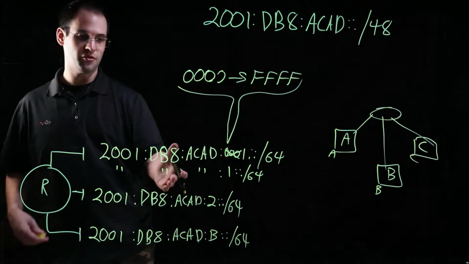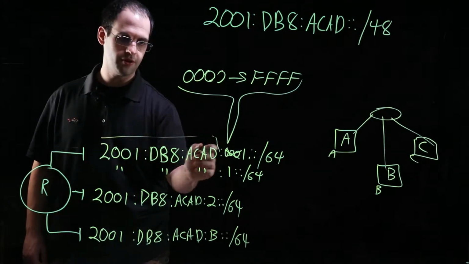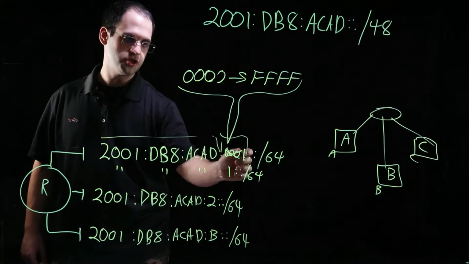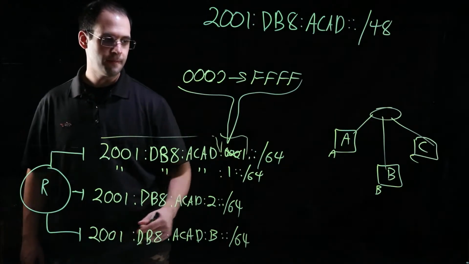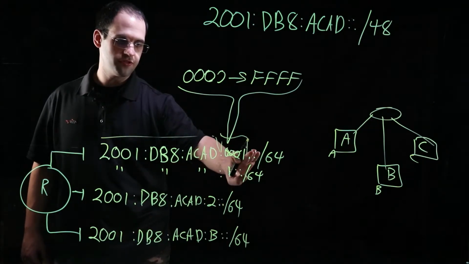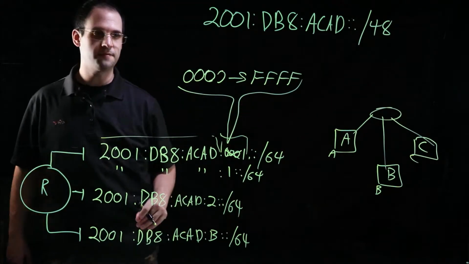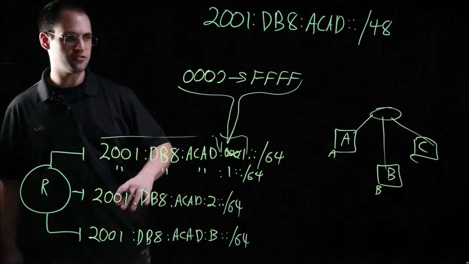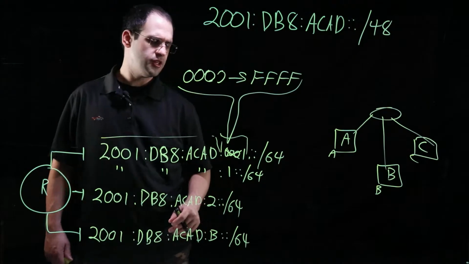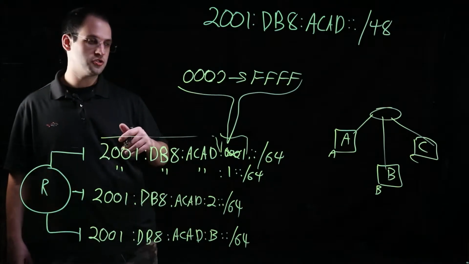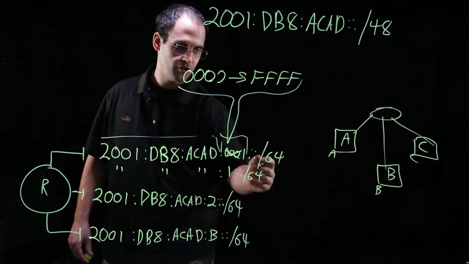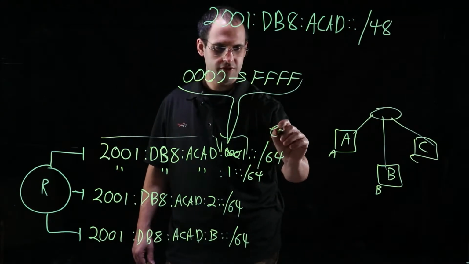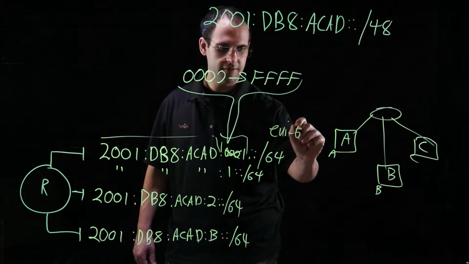So as long as we operate here, this is our global routing prefix. We're changing our subnetting ID, and then anything after this double colon is the interface ID. So this could be a slew of different combinations. Now, in your readings and study, you'll see there's something called EUI-64. Some people still use it, some might not.